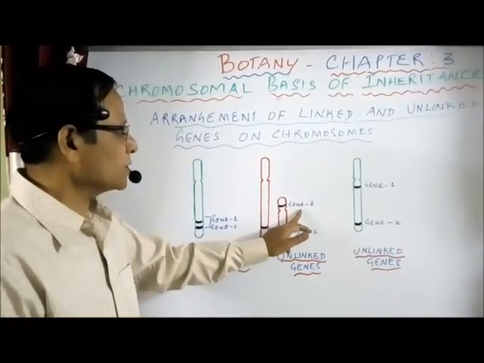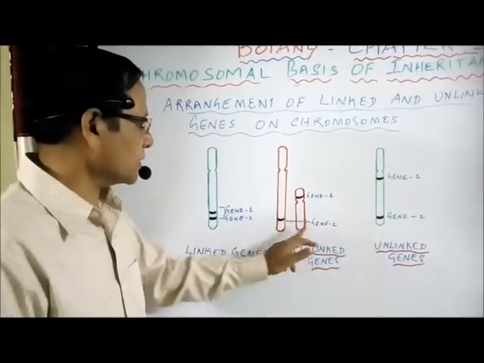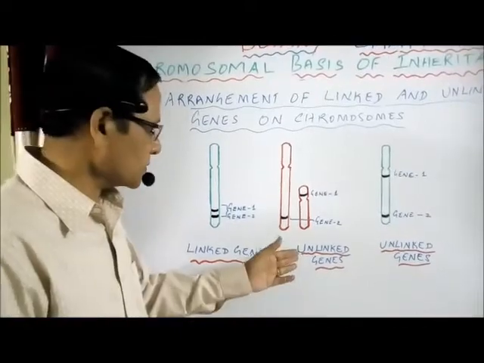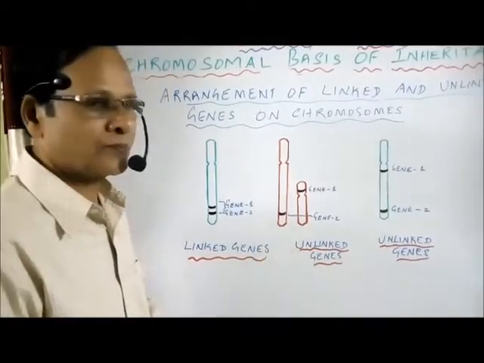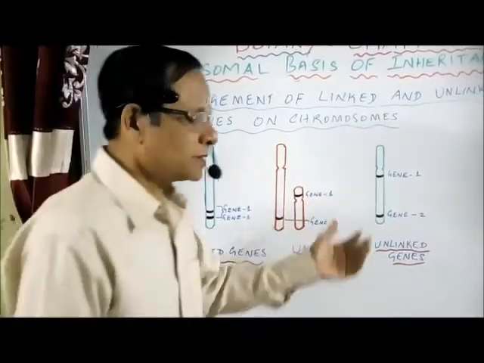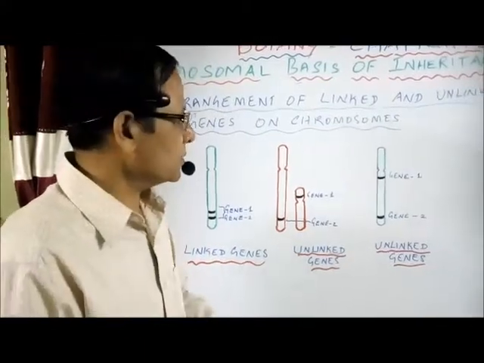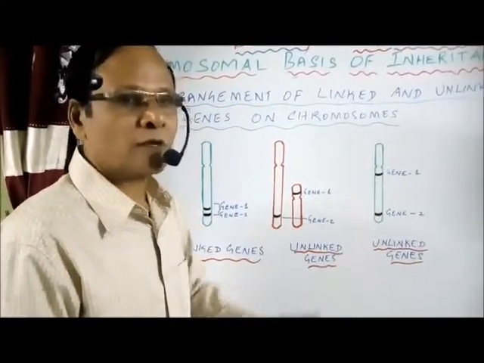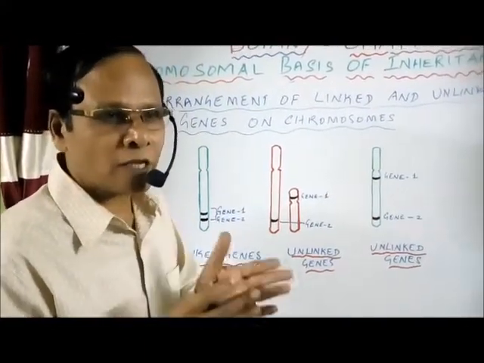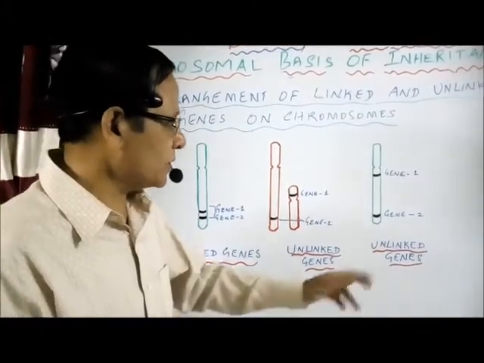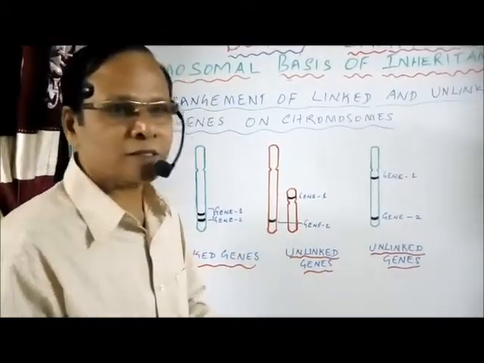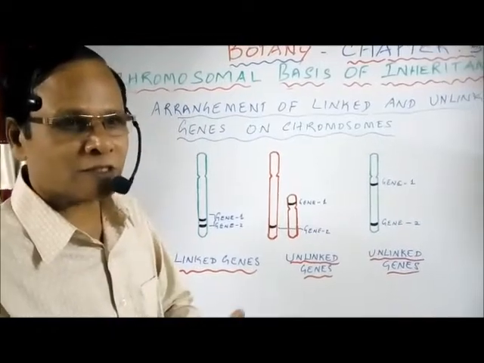Gene 1 is located in one member and gene 2 in the other member. It is also considered as unlinked genes. What about here? Syntenic genes. When the genes are placed far apart on the same chromosome, they are called unlinked or syntenic genes. The condition is called synteny.